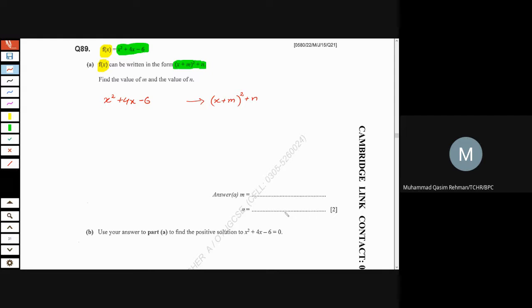Anyone from 11s? Sir, m is equal to 2. Sorry, say again. 2. The value of m is 2, and what about n? Minus 2. M is 2 and n is minus 2.